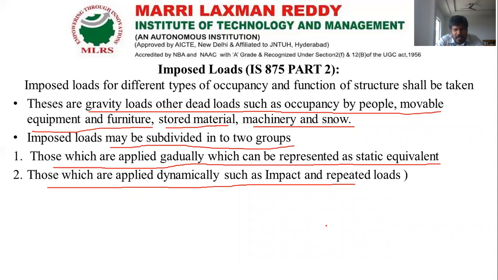Human occupancy and machinery in stationary condition come under static load, since they won't create much impact on the structure. Those come under live load. This load can be calculated from IS 875 part 2.